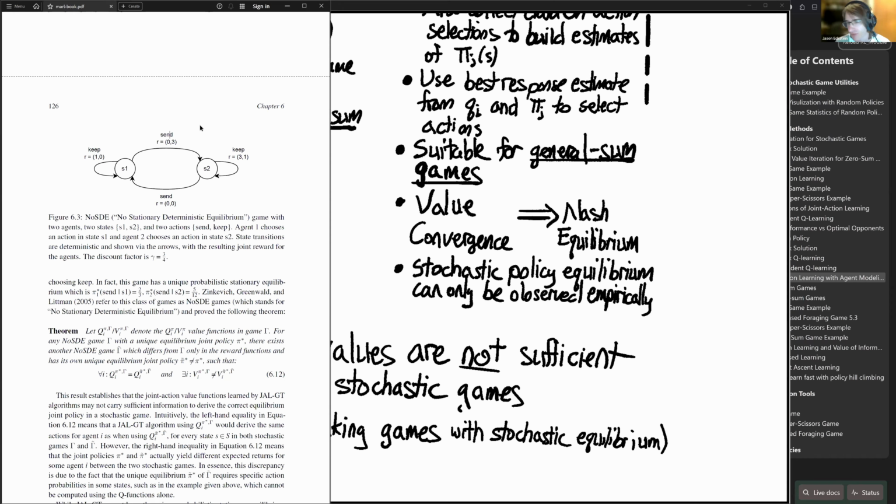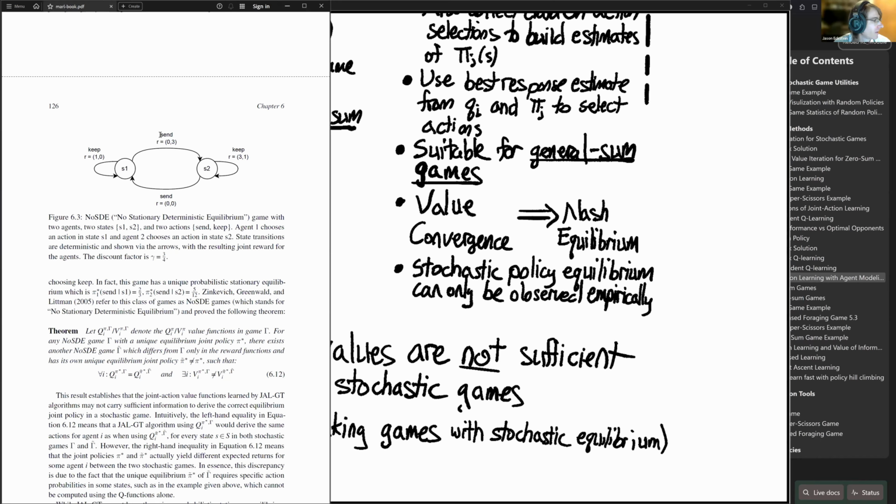I went over this in the last meeting, but you can see that in any of those joint policies, one of the agents can make a change to its policy to improve its own reward. So the fact that these types of games exist proves that joint action values alone may not be able to find the equilibrium.